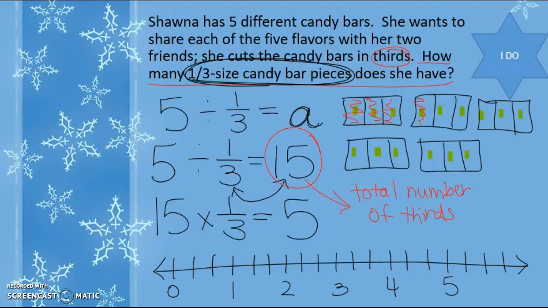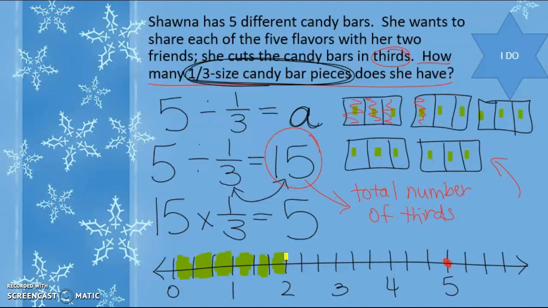Let's look at another model, a linear model. Here we have an area model. Let's now look at a linear model. I've already divided each section into thirds. So the question is, if I have 5 whole candy bars and I divide it into thirds as I've done for each candy bar, how many total thirds do I have?